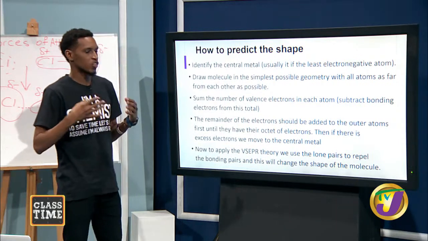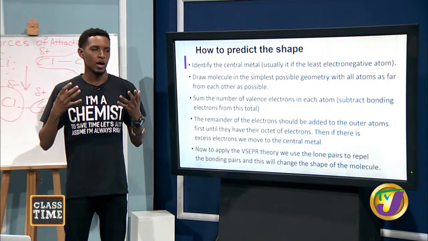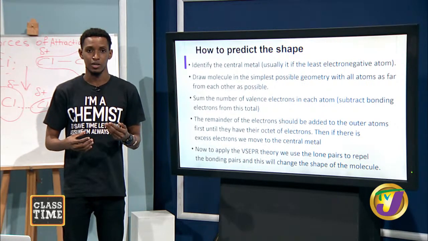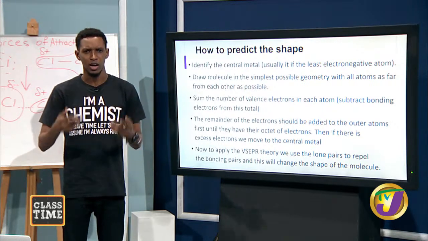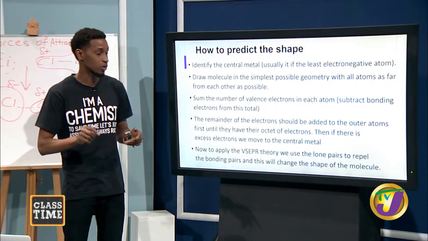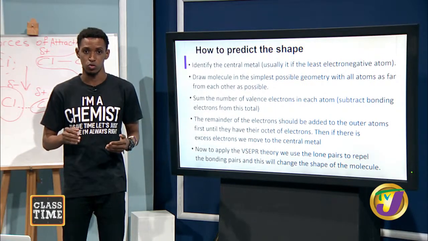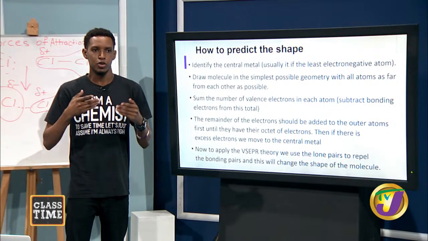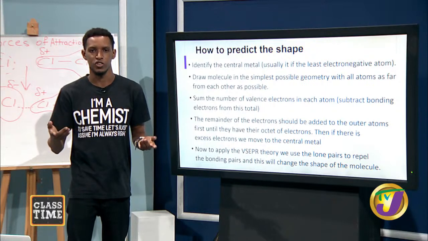Now, these are the rules, and I want you guys to write down these rules. This will be on YouTube, so you can access it on YouTube, pause the video, and write down these rules, right? So the first step in identifying a molecule, for instance, a teacher would give you a question and say, okay, predict the shape of BF3.